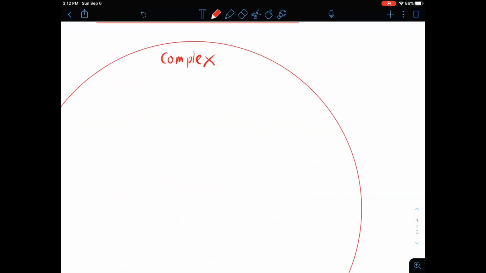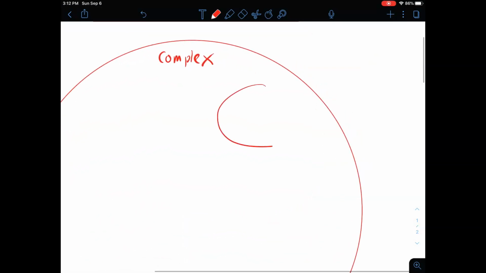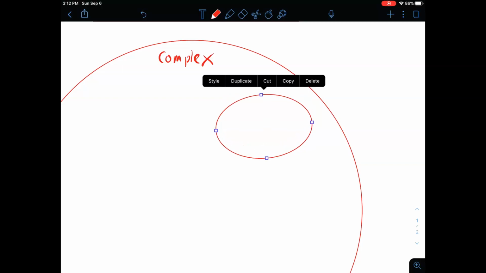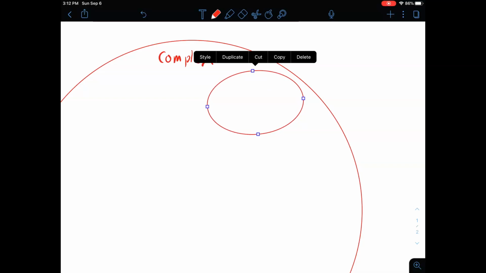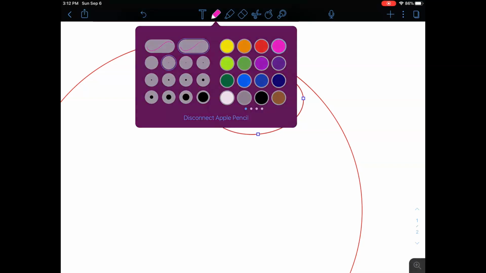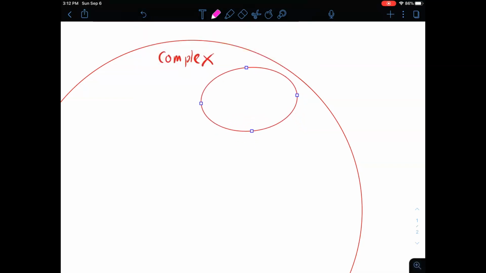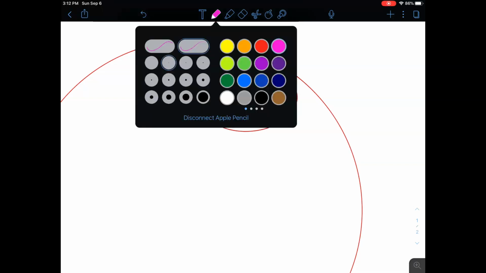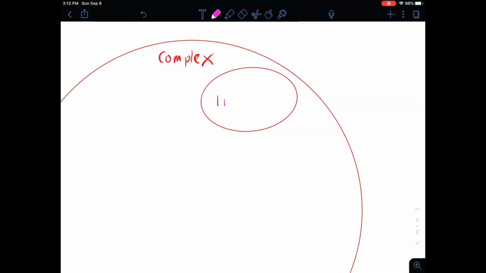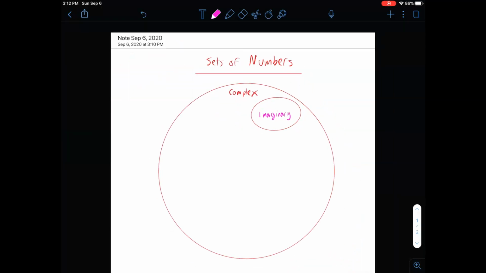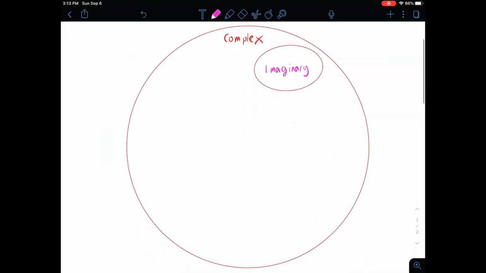But complex numbers are the biggest category of numbers. And then over here, let's draw a little circle like this. Then there's imaginary numbers. Okay? Another subset of complex numbers are imaginary numbers.